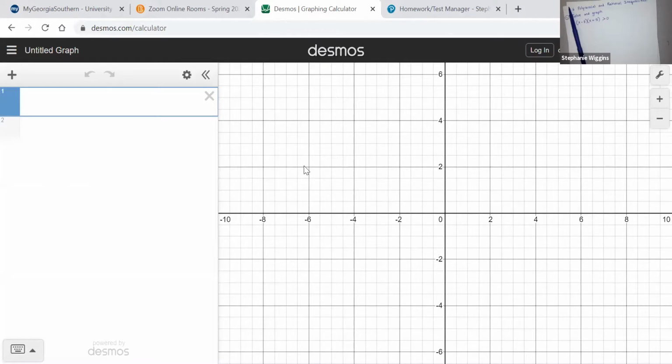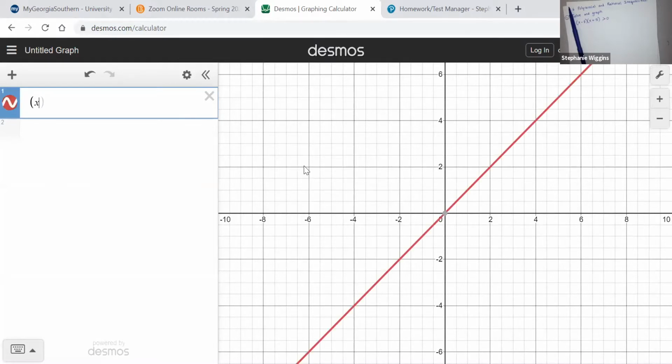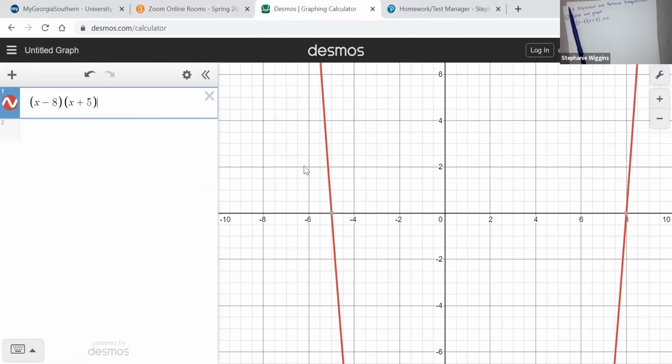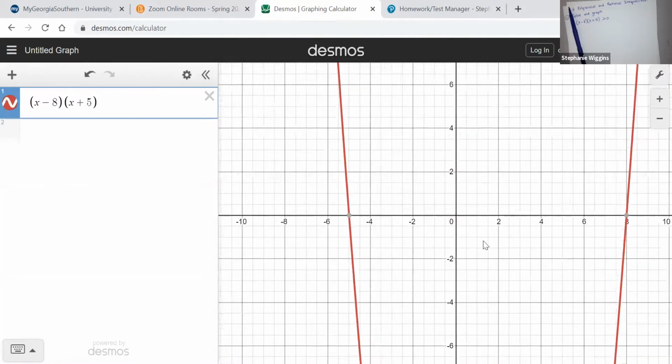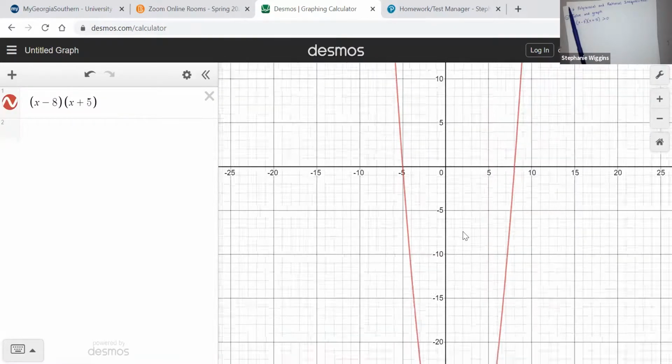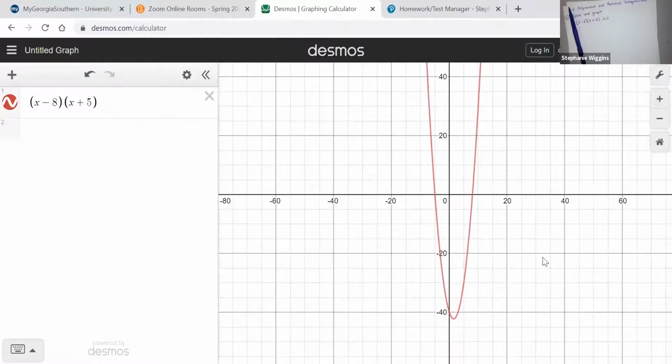I can type it as y equal, or I can just type it as an expression, and it will graph it either way. So it's a quadratic function. Let me zoom out a little bit so we can see.